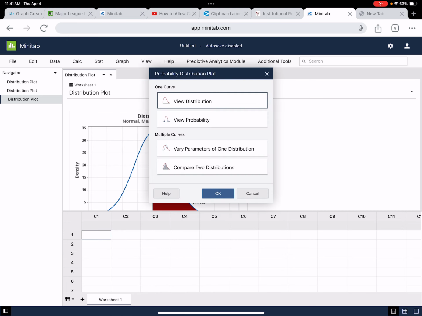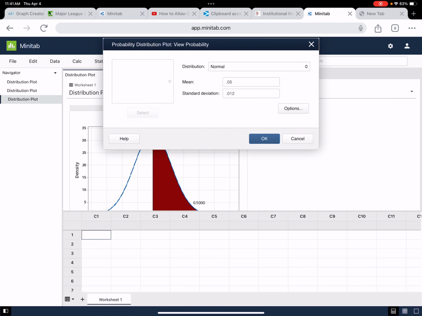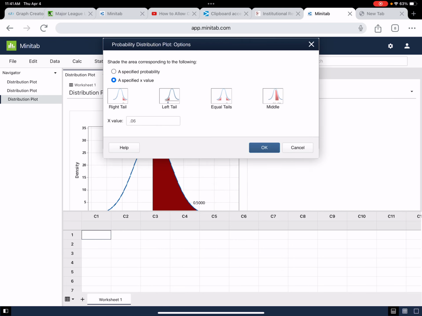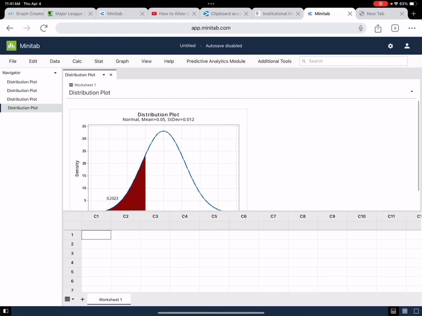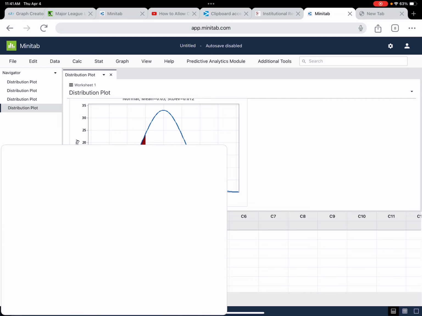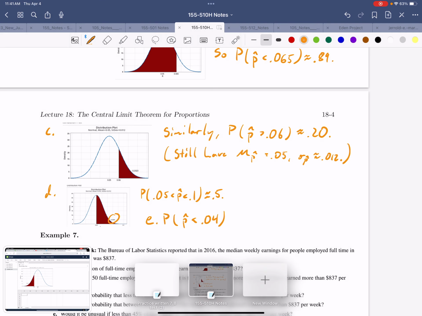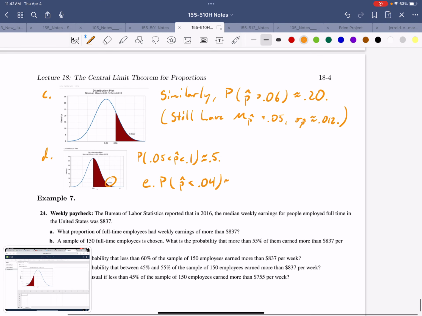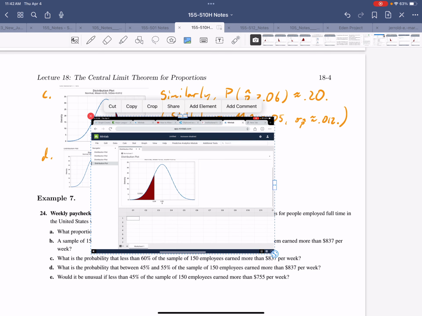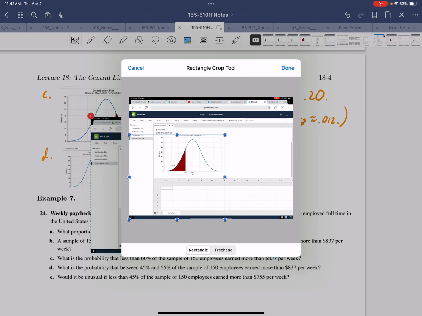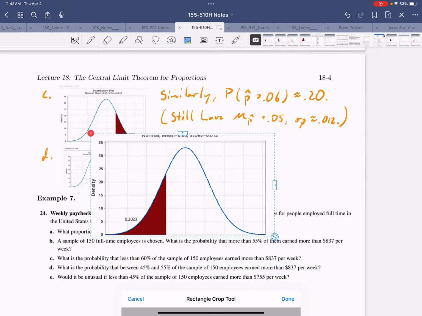Left tail, and we do 0.04. So not super unusual. I think we've seen that probability before. It's about 0.2, right? All right, so we just crop, done.